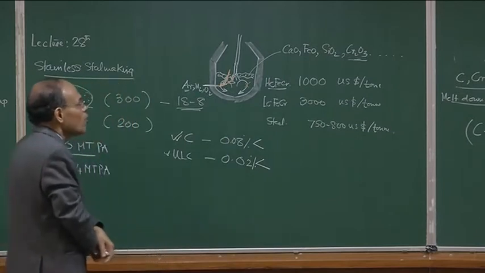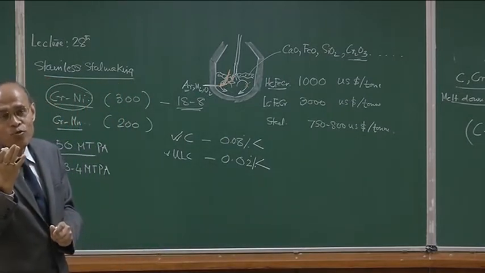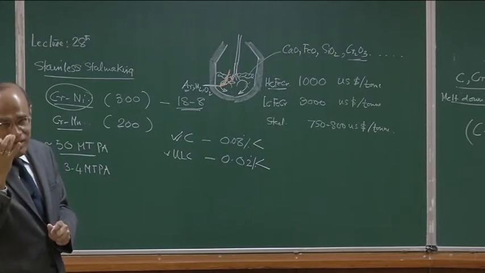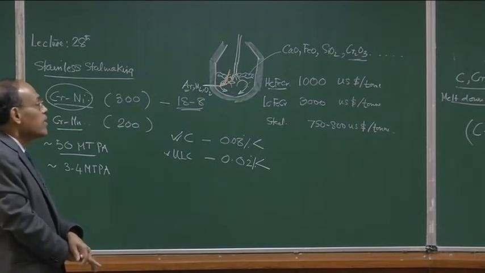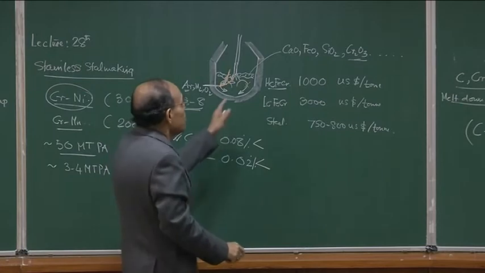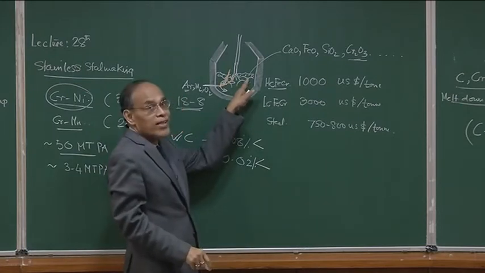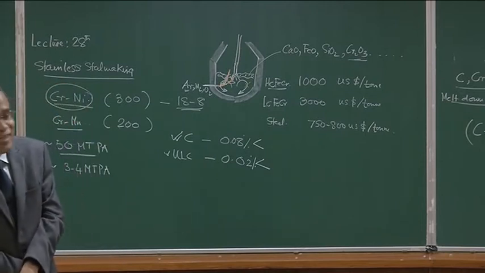Because of the presence of chromium oxide, the slag, as opposed to the steel making slag which is a little bit blackish in color, has a greenish appearance, and so one should be able to look at the color of the slag and say how much chromium oxide is really there in the slag itself.